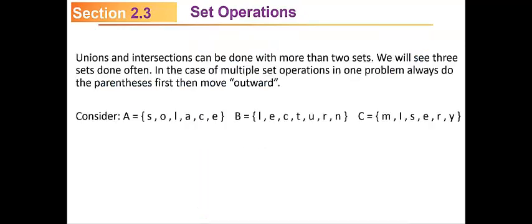Unions and intersections can be done with more than two sets. We will see three sets done quite often. In the case of multiple set operations in one problem, always do the parentheses first and then move outward.